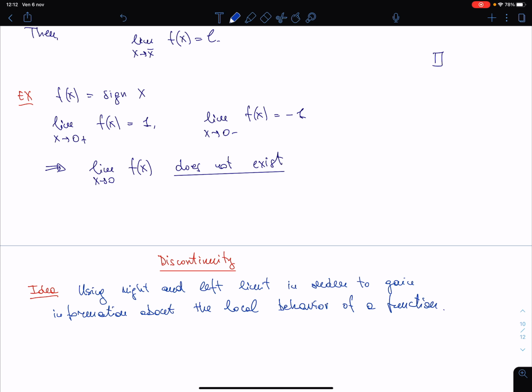As we will see, these tools, left and right limit, are not so powerful for these purposes. In any case, this is a topic that is in the book, so I am obliged to do it, and I will do it.